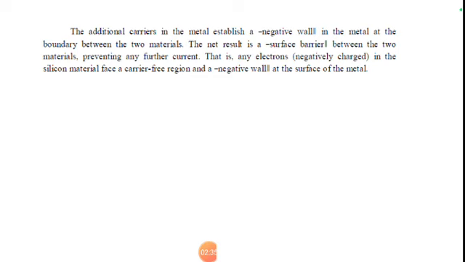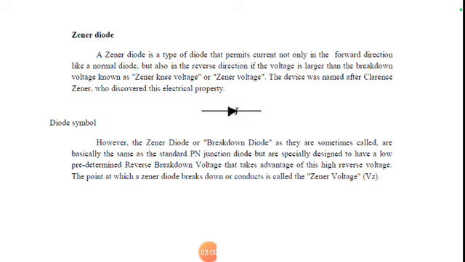In addition, there is a negative wall kept at the boundary between the two materials, and the net result of this surface barrier is that it prevents the flow of current. That is why any electrons in the silicon material will face a charge free region and also a negative wall at the surface of the metal.